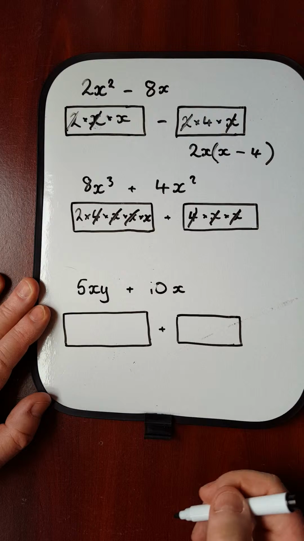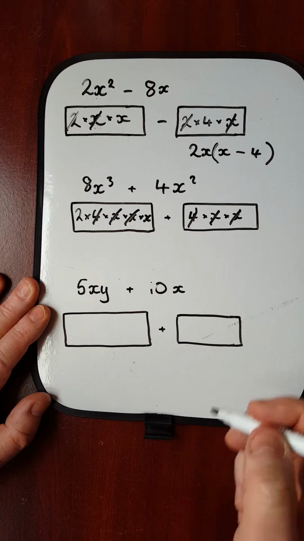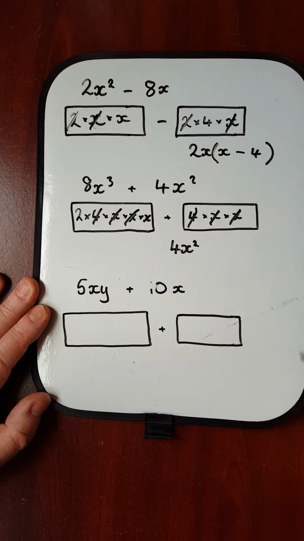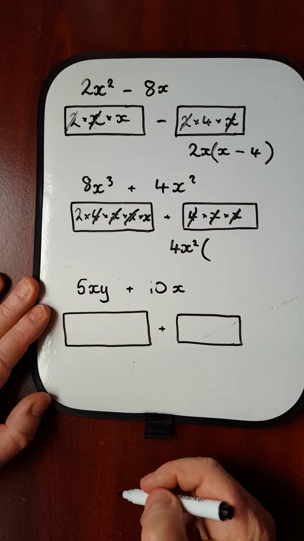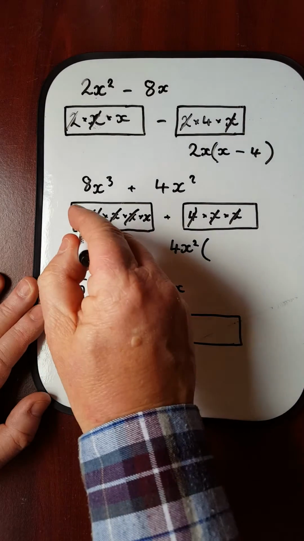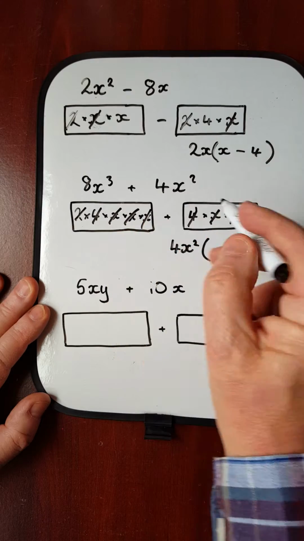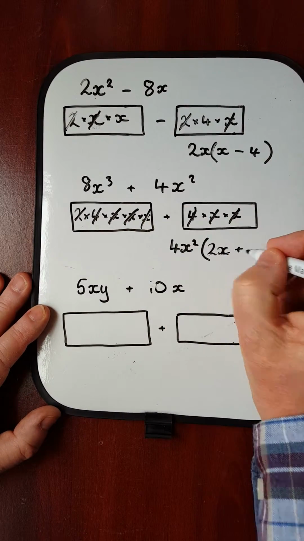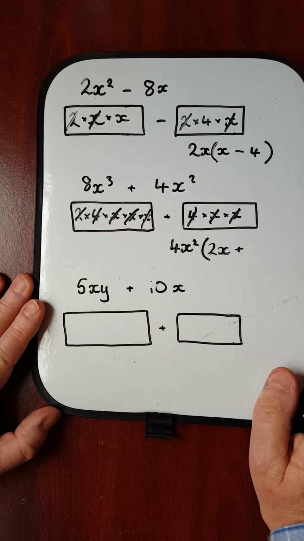Okay, so now we've got 4x squared. Open the brackets up. Now what's going to happen here? This is interesting, isn't it? Over on this side we've got 2 and an x, so 2x plus, and what we got here?